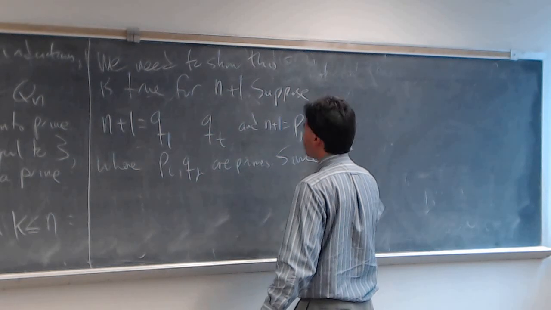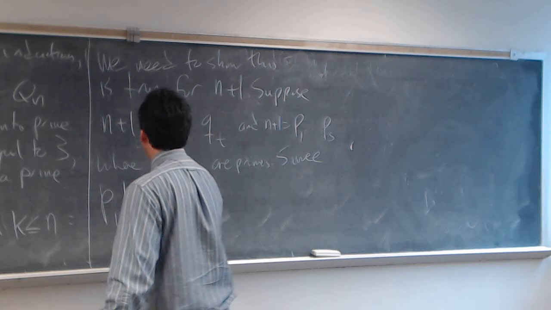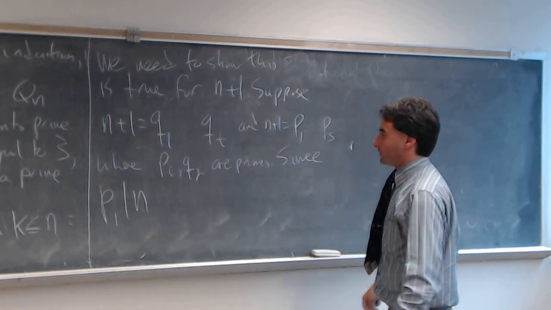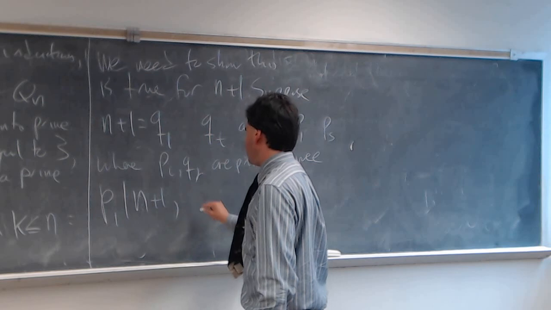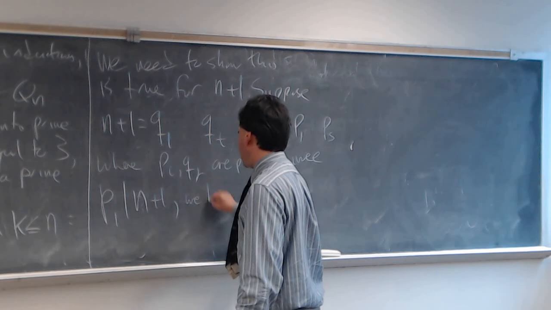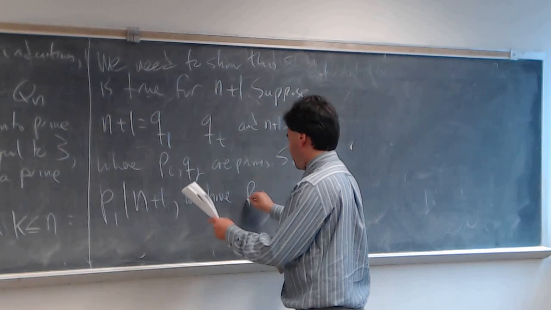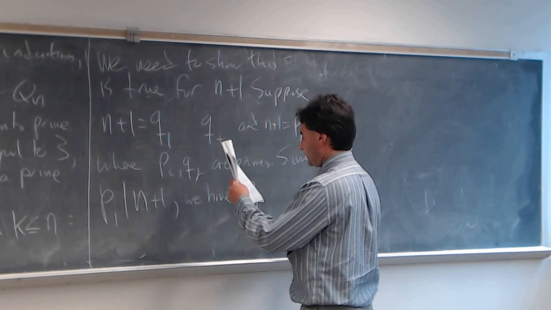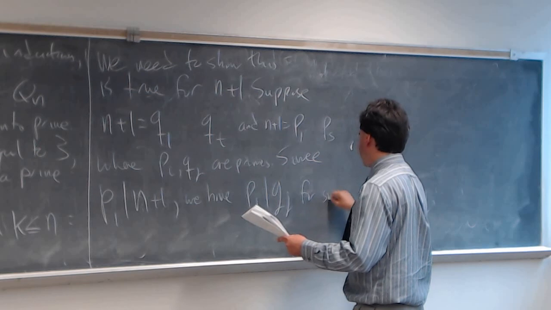Well, what do we have? Certainly p1 divides n plus 1, since it is a factor. We have by that corollary of Euclid's lemma, p1 divides qj for some j.